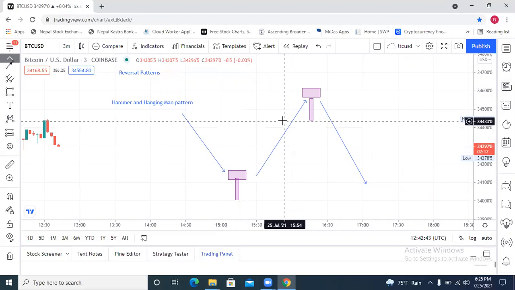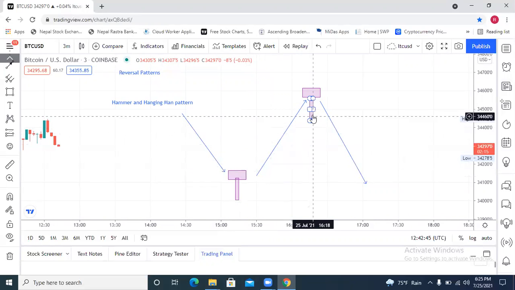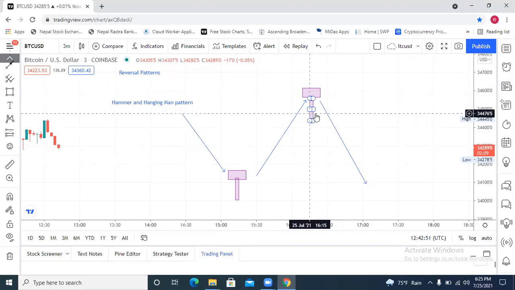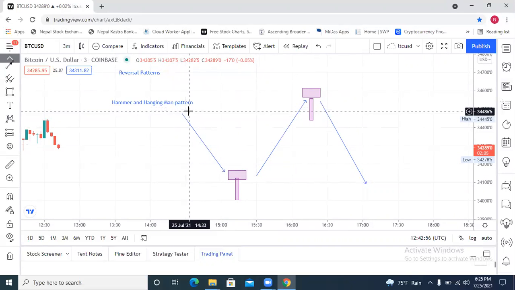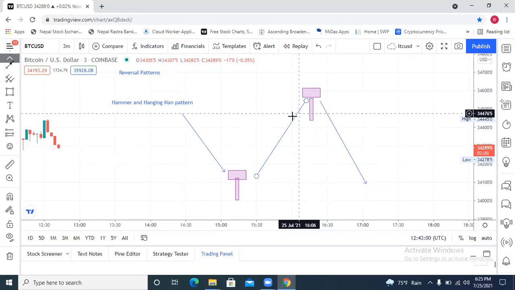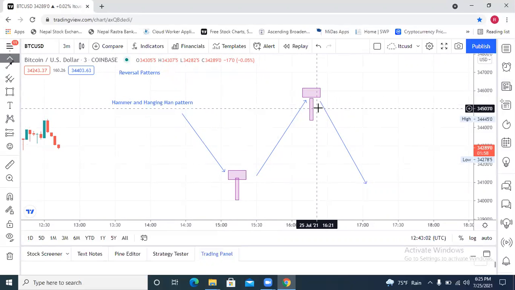Similarly, when you see an uptrend market and at the top you see this hammer pattern, which is now called a hanging man pattern, like a man hanging in the air, that's why it is called a hanging man.